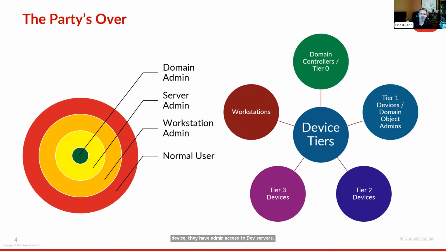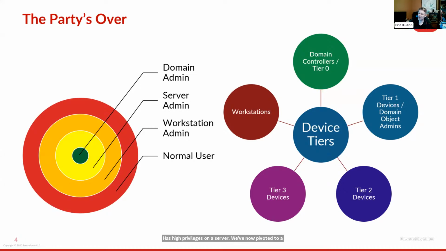Very rarely are those dev servers separated very well from production servers. So you find a dev account, and he probably, with his regular user account, has high privileges on a server. We've now pivoted to a server.